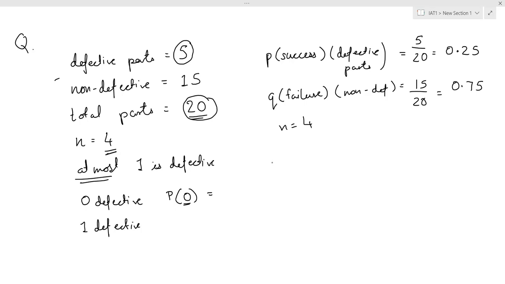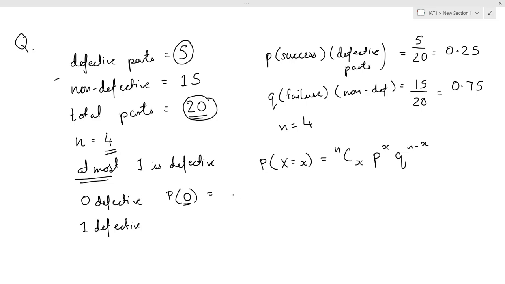See, in case of binomial theorem, the formula is like this. P of x is equal to whatever the value that you are interested in, let us say small x. We can say it is given by nCx p raised to x q raised to n minus x. This is the formula, right? C stands for combination, the combination from permutation and combination, right?